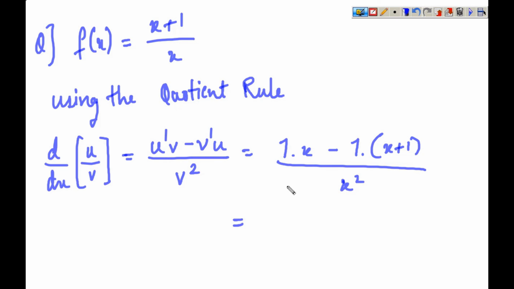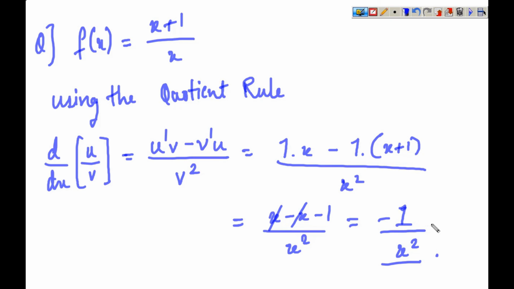So this gives us x minus x minus 1 by x square. So ultimately you are left with minus 1 by x square. This is the derivative of f of x.